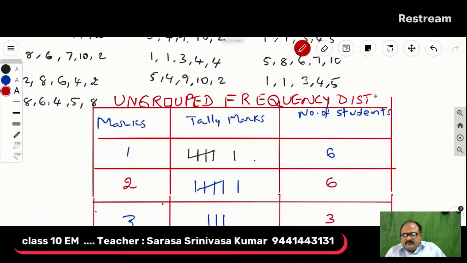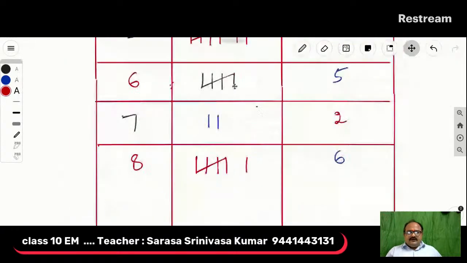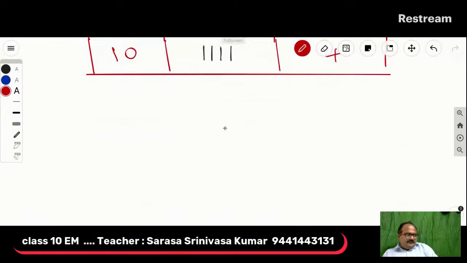We prepared the ungrouped frequency distribution table. So this ungrouped distribution table is also called the table of weighted observation.